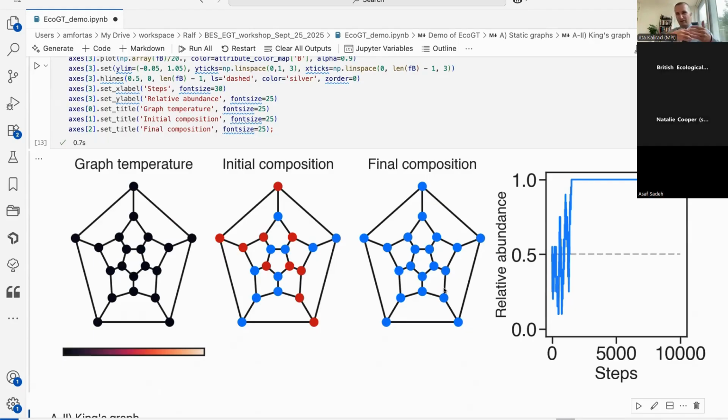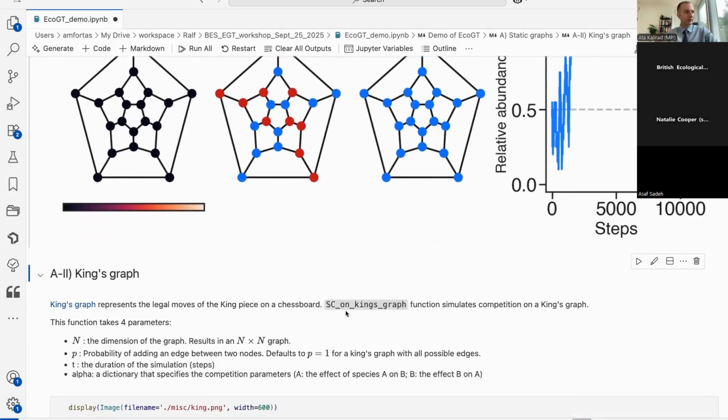Actually, it would be better to describe it as ecological drift, meaning that either of the two species is equally likely to become monodominant in the competition, because it's such a tiny space that you would expect ecological drift to be dominant.